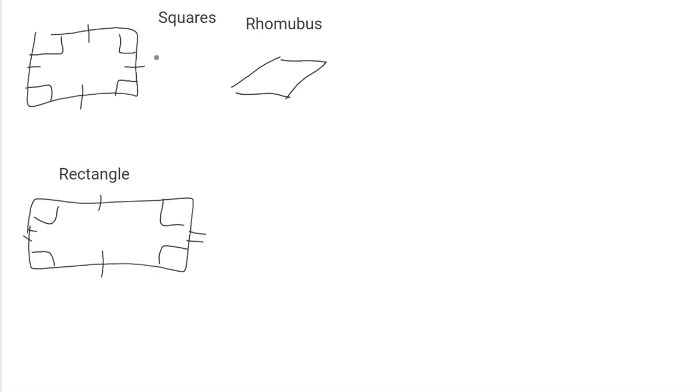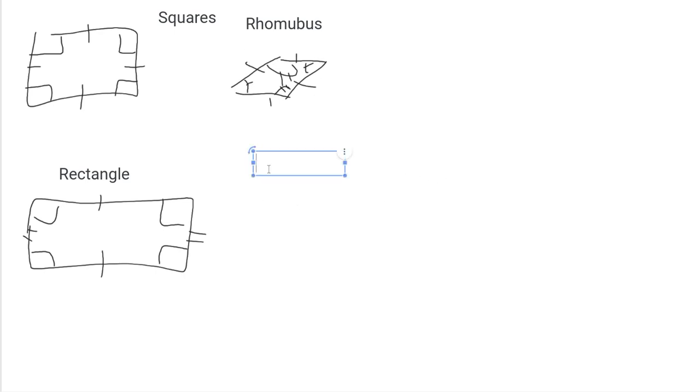So like a strong wind came and pushed the square over. So the sides are still all the same, but this angle matches with this angle, and this angle matches with this angle. None of them are 90 degrees, but all the sides are the same.